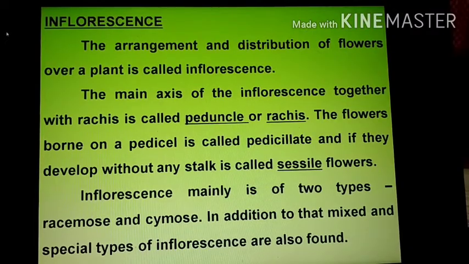So, as we have mentioned, to start with the flower, first we will study the inflorescence.